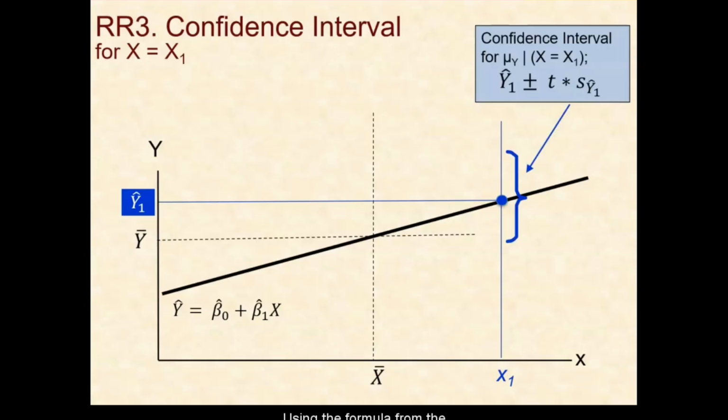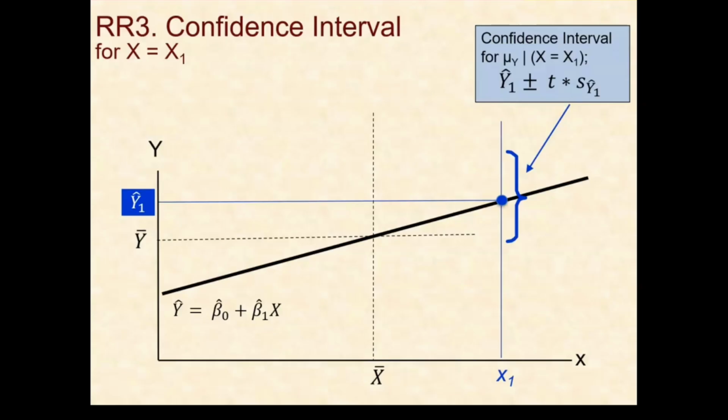Using the formula from the previous slide, we can create a confidence interval for the process mean of y, given x1, now shown in the figure by the blue bracket. It is centered at y hat 1, which is the value of y hat when x equals x1.